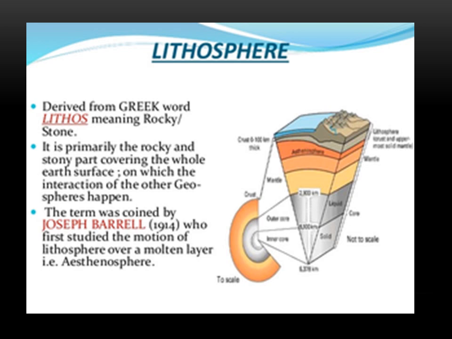The word lithosphere is derived from the word lithos, meaning rocky stone. It is primarily the rocky and stony part covering the whole Earth's surface, and the exact location is the crustal plates and the top layer of the mantle.